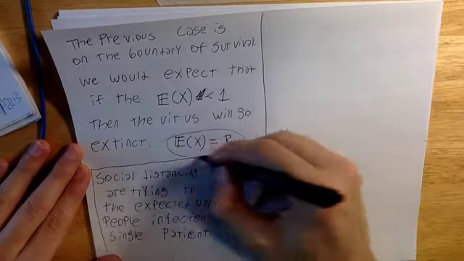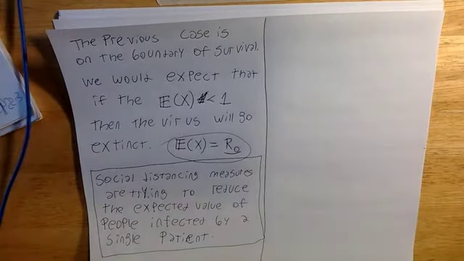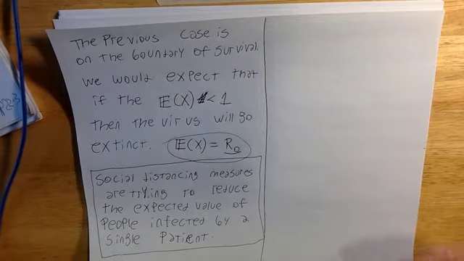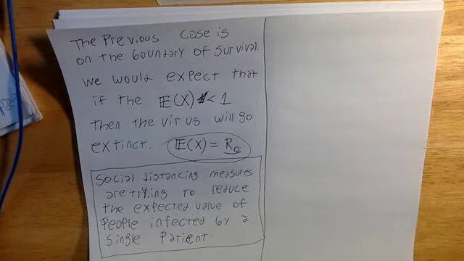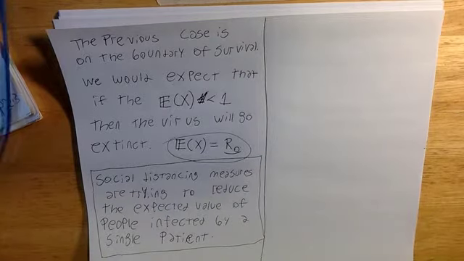This is how you control the virus: by reducing the expected value of contagions from one particular person. The reason it seems to be growing exponentially in Brazil is that no social distancing rules have been taken, which implies that this process, instead of trying to go extinct, will actually try to cover the whole population.